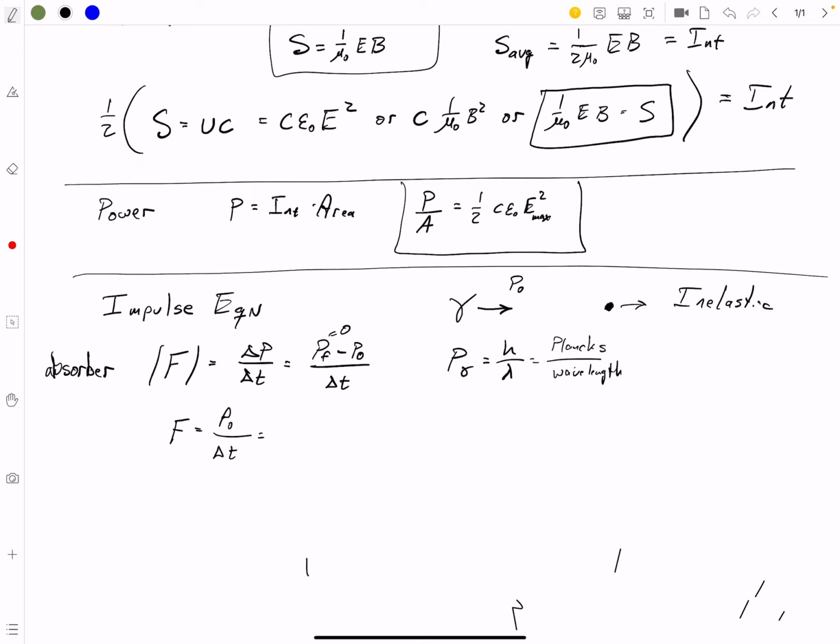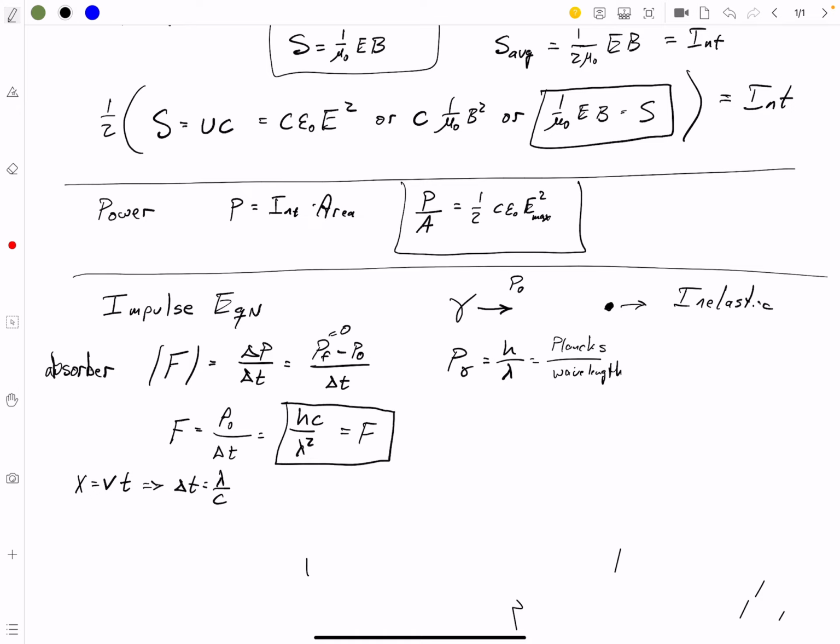So we've got h over lambda times c over lambda, so hc over lambda squared, and that's our force.